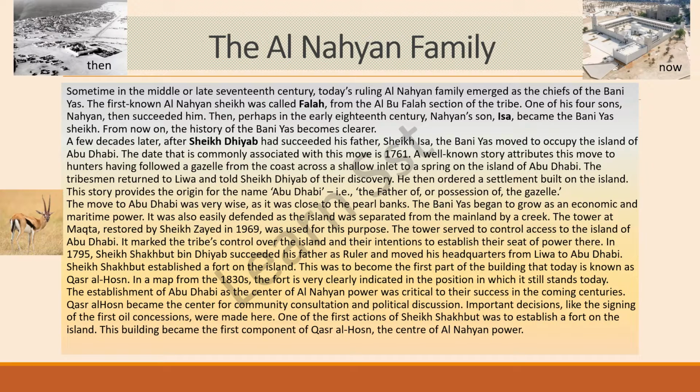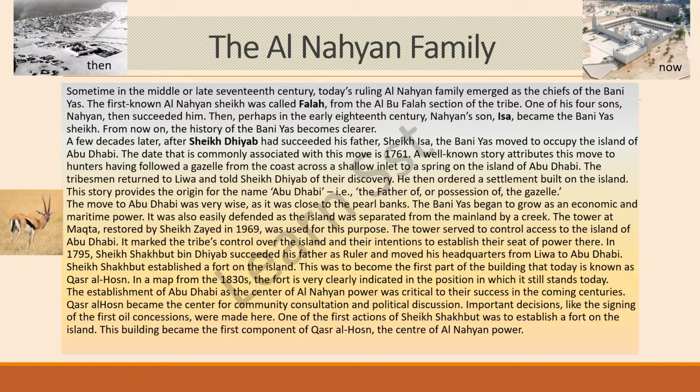A few decades later, after Sheikh Diab had succeeded his father, Sheikh Isa, the Bani Yas moved to occupy the island of Abu Dhabi. The date that is commonly associated with this move is 1761. So it was the time when Sheikh Diab was the ruler. So they shifted from the Bani Yas region to Abu Dhabi.